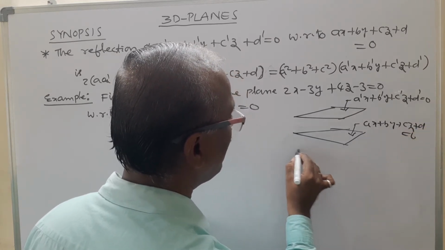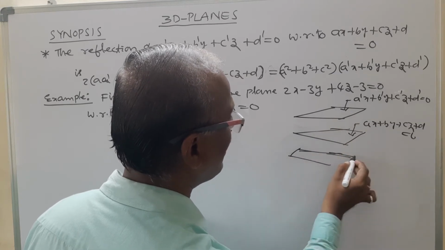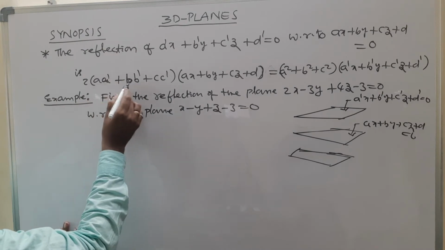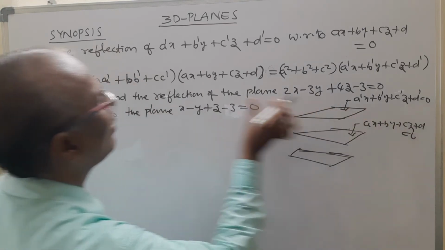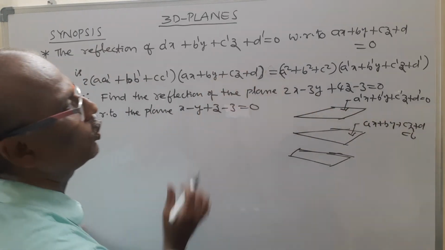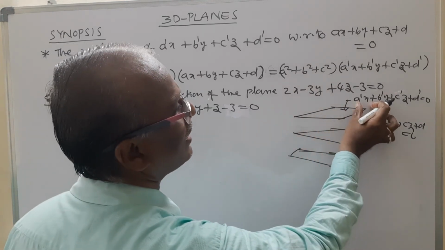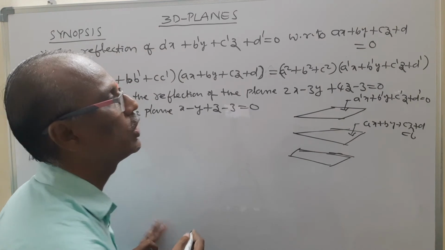To find the image of the plane, this is the mirror image of the plane. The image of the plane formula: 2 into (a dash a plus b dash b plus c dash c) into (ax plus by plus cz plus d) is equal to (a square plus b square plus c square) into (a dash x plus b dash y plus c dash z plus d dash) equal to 0.